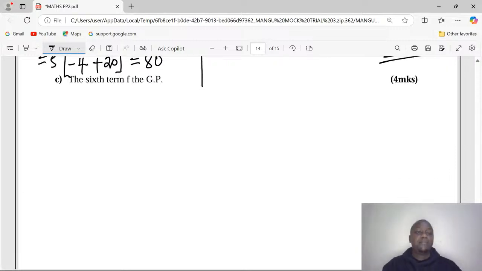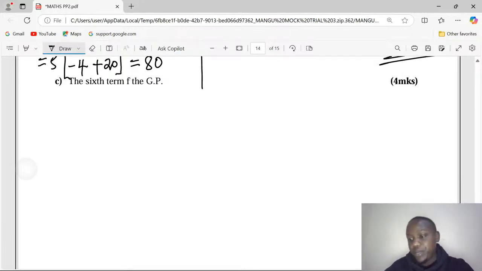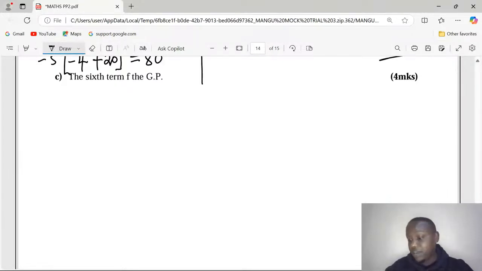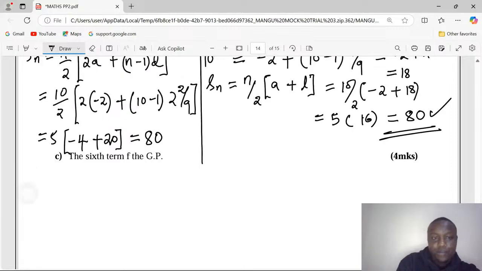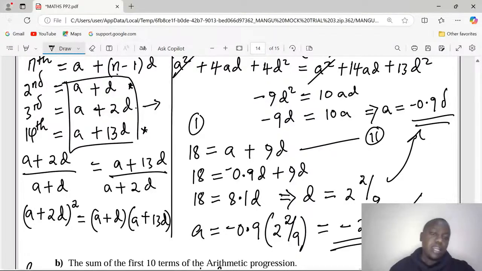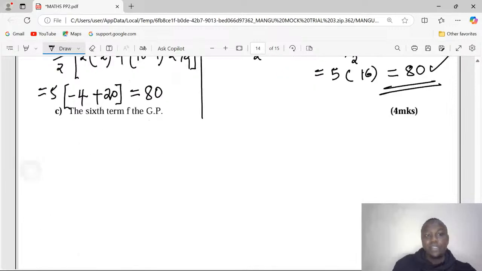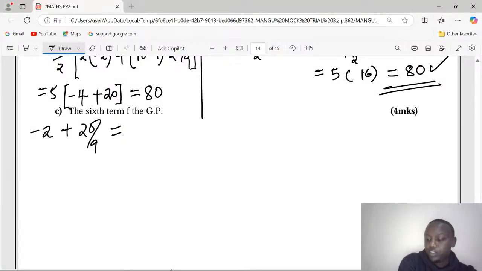So the sixth term of the GP, that is part C. We should know that for the GP, we need to get the first term, then we also get the second term. Remember, the consecutive terms are A, A plus D, A plus 2D, A plus 13D. The terms shall be A, which is 2 over 9.